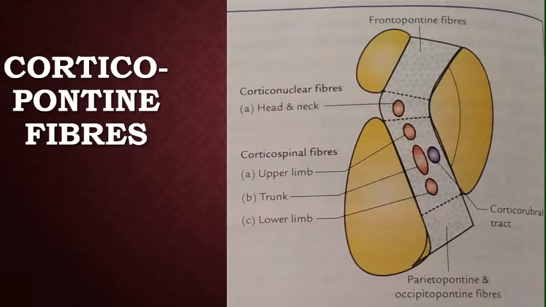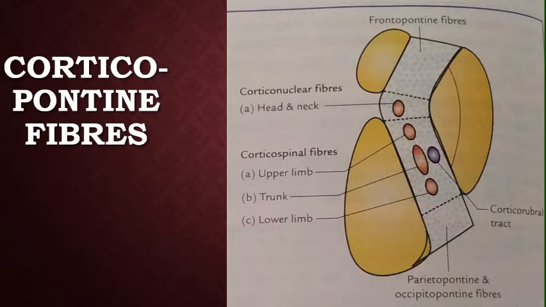If they go to the red nucleus, they are called corticorubral tracts. If they reach the corpus striatum, from cortex to the corpus striatum, they are called corticostriate. If they reach the substantia nigra, it is called corticonigral.